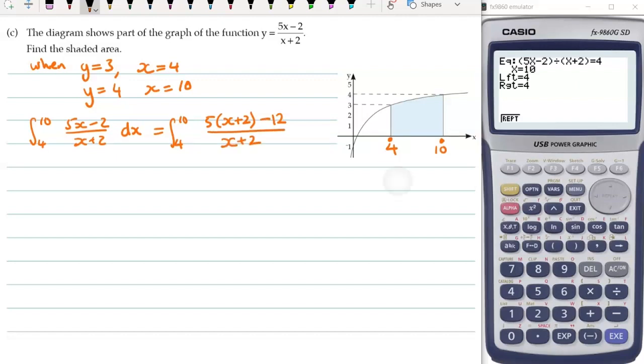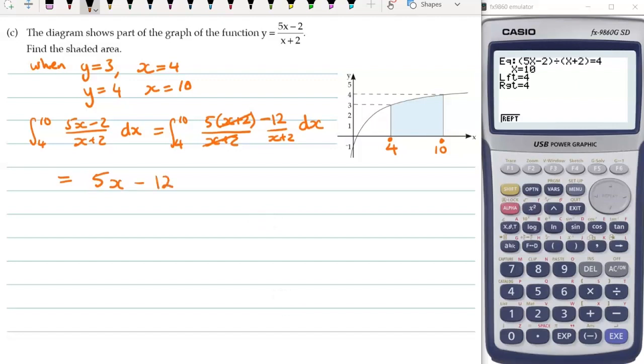What that enables me to do is then separate those two fractions, so I can write them separately as over x plus 2 and over x plus 2, which makes that cancel, so we just have a 5. So now if I integrate 5, I will get 5x, and if I integrate minus 12 over x plus 2, that's going to be the natural log.